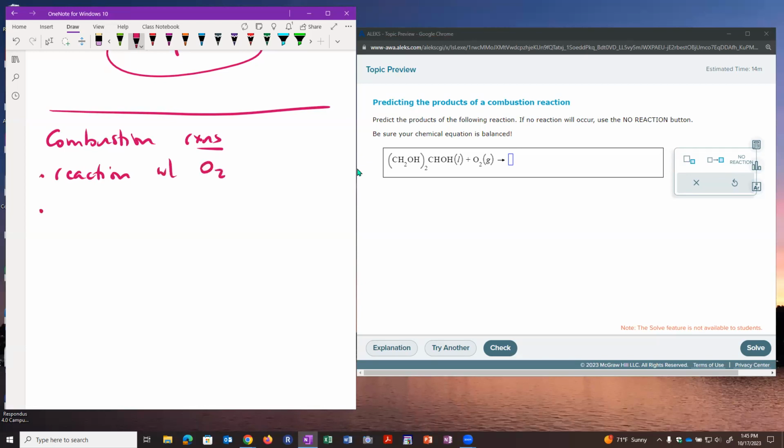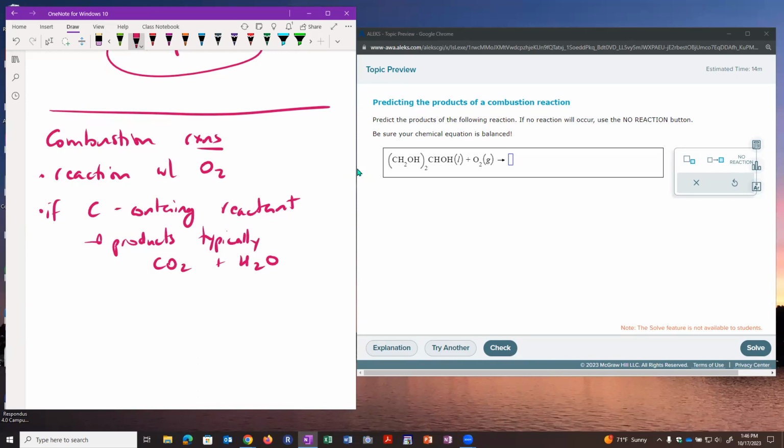And if you have a carbon-containing reactant, that usually means the products are typically CO2, carbon dioxide, and we get H2O, water as the other product. So in this reaction, we have our carbon-containing reactant reacting with oxygen. So CO2 and H2O will be our products.